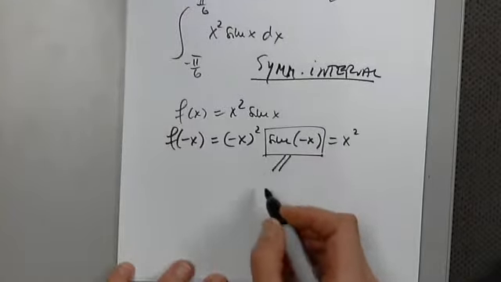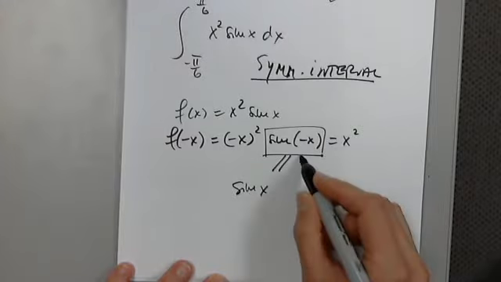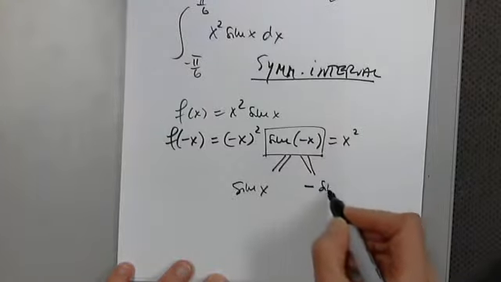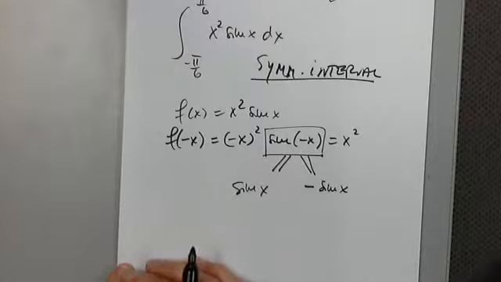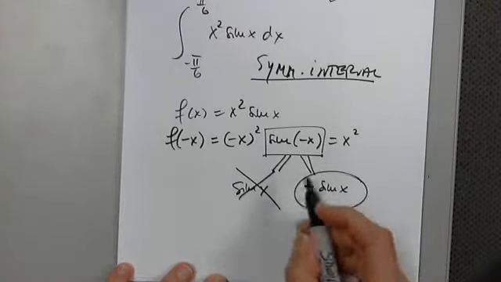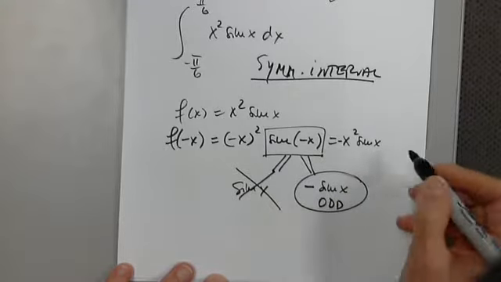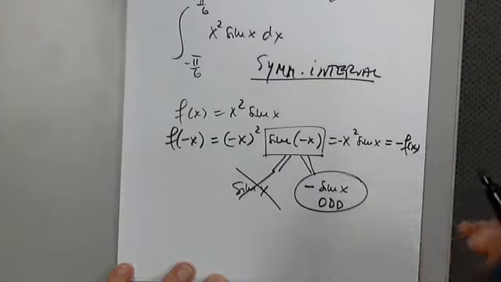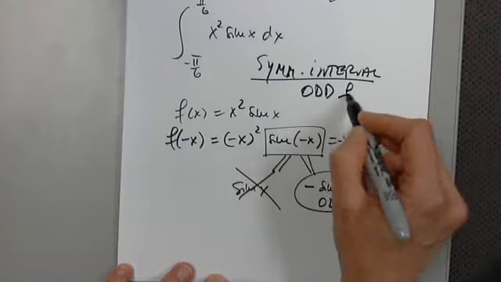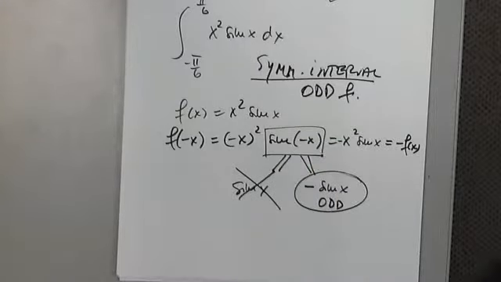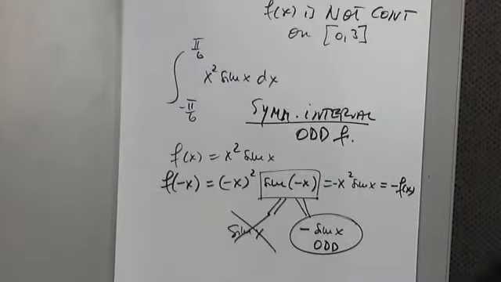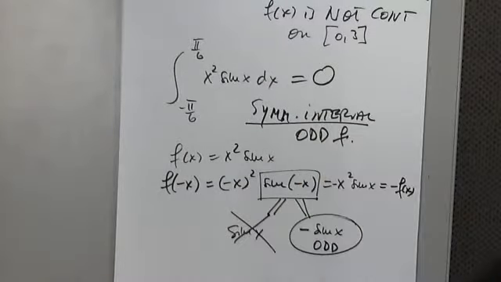In other words, does this equal sine x, or the opposite of sine x? Exactly. So it's an odd function, and that makes the whole thing odd, -f of x. So odd function. So what do we conclude? So please keep that in mind.